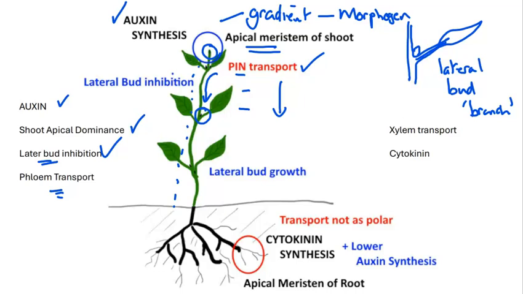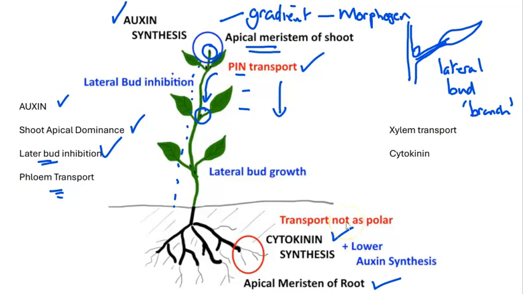At this point, we should also consider the second phytohormone known as cytokinin. Cytokinin is produced at the opposite end of the plant in what is known as the apical meristem of the root. And at the apical meristem of the root, cytokinin is responsible for the development of root tissue.